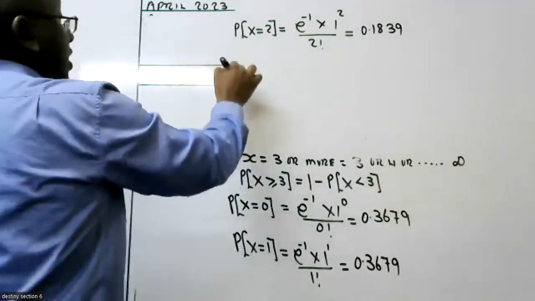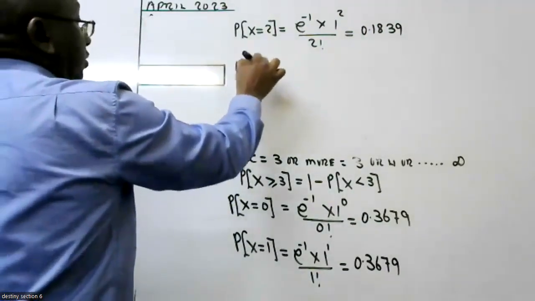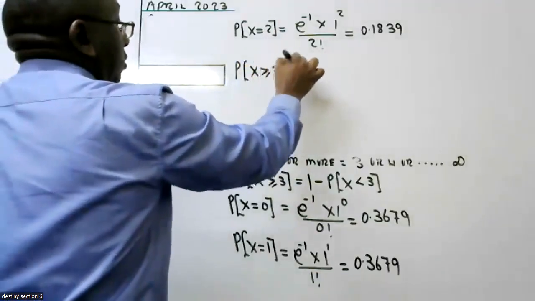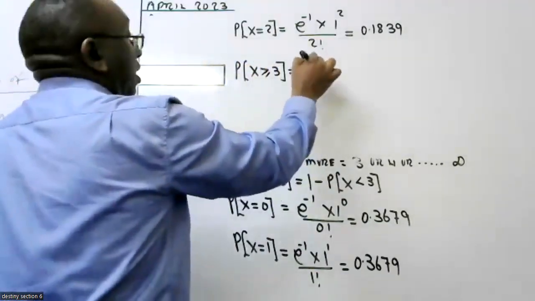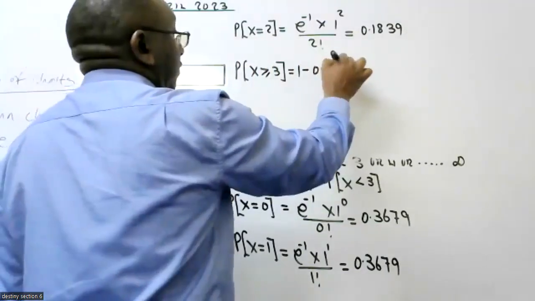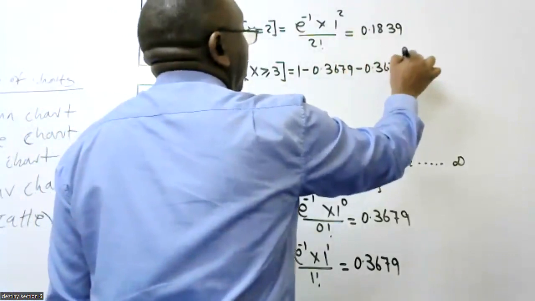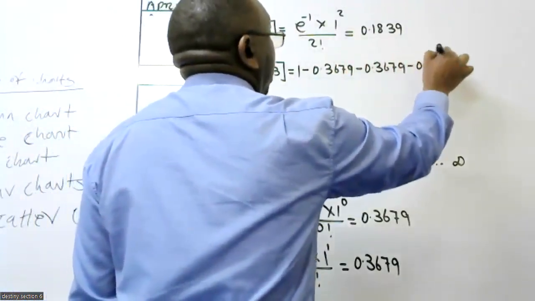So the probability that x is greater than or equal to 3 will then be 1 minus 0.3679 minus 0.3679 minus 0.1839.